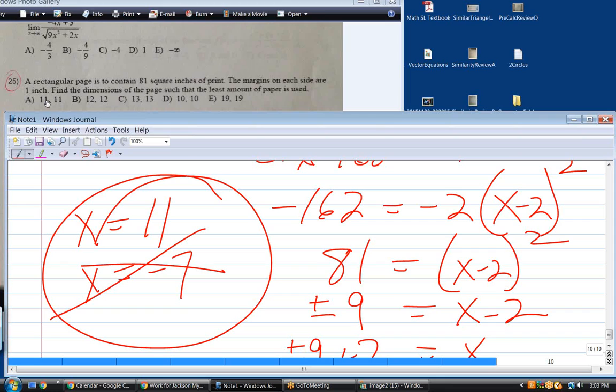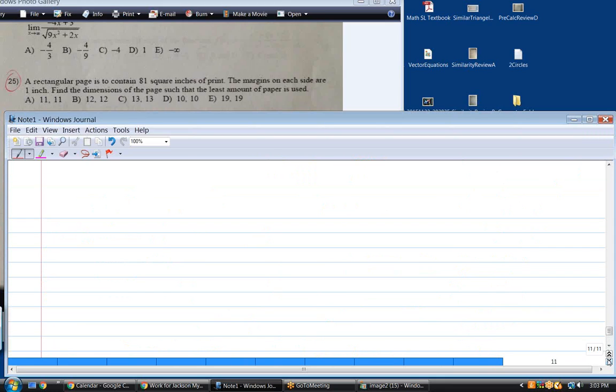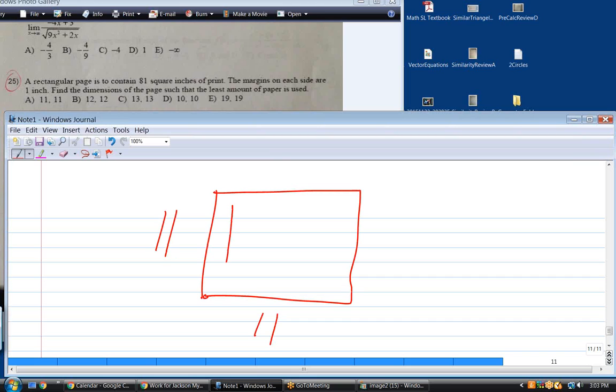So there's only one answer that works, and that is a page that is 11 by 11. Notice that if this outside page is 11 by 11, the inside page is 9 by 9. Right? Right. Area equals 81. Okay.